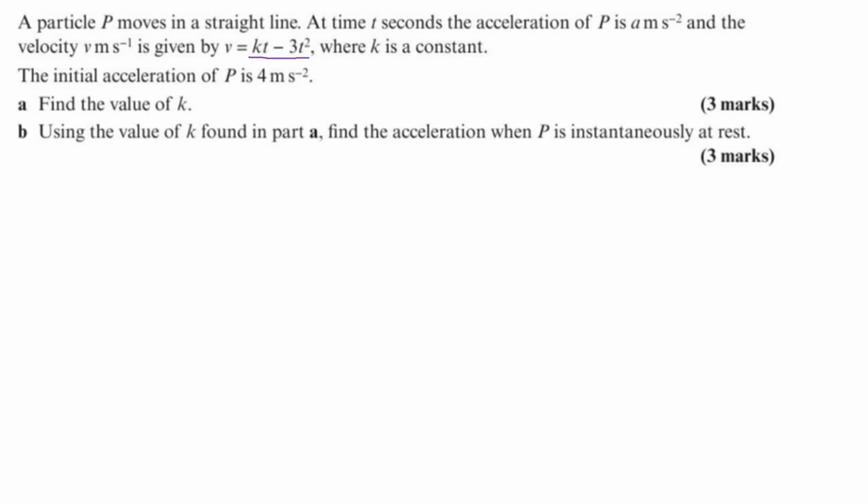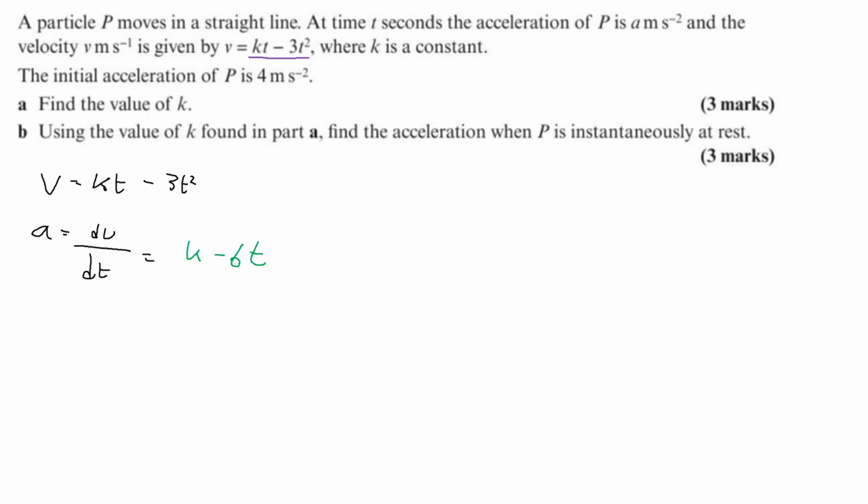So we're told that v is equal to kt minus 3t squared. If that's the case, then what is the acceleration? Well, the acceleration a is equal to dv by dt. Of course it is. And doing that, we will get k minus 6t.